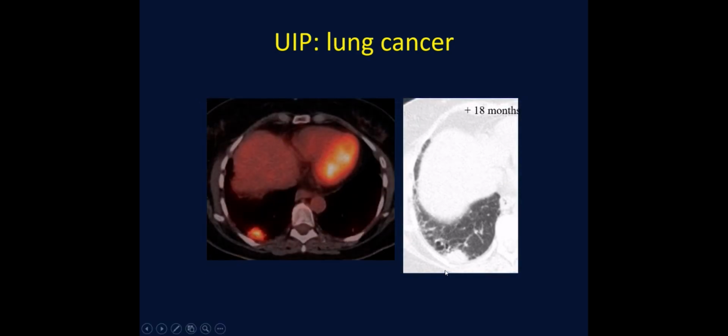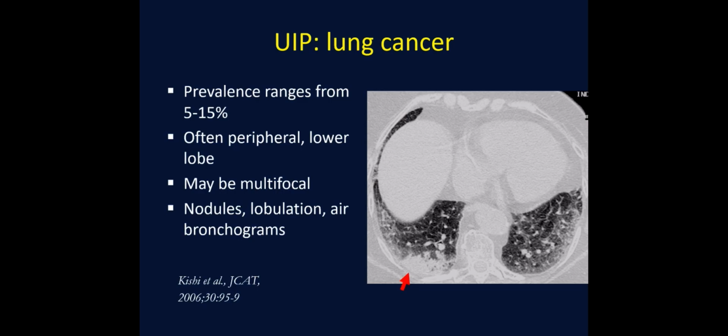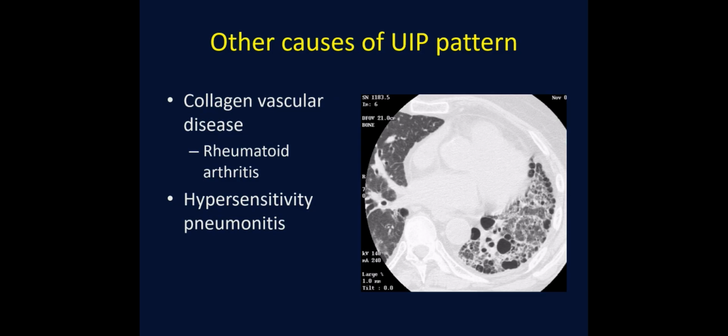We do find also that PET-CT is very useful if we're concerned about a nodule in a fibrotic patient. The prevalence of lung cancer ranges from 5 to 15%. It's often peripheral and lower lobe, and it may be multifocal, but it may be resectable and lead to long-term survival. So again, the radiologist has a critical role in making this diagnosis.